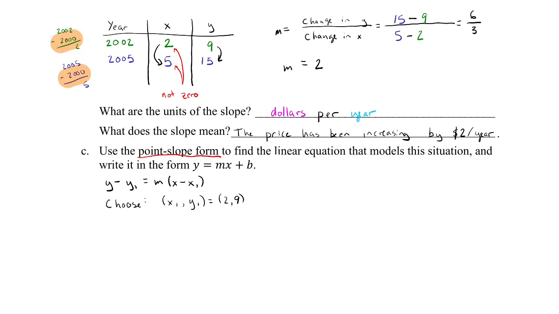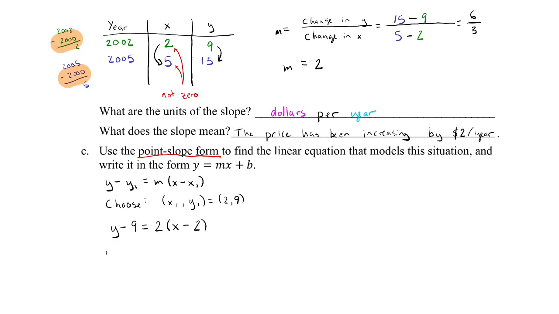Okay, so first we're going to write down the equation. Y minus our given y is 9 equals our slope times x minus our given x is 2.